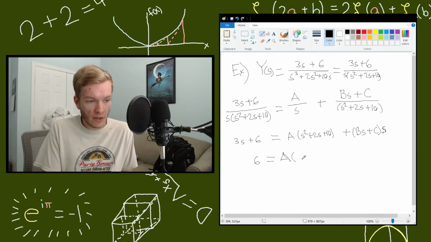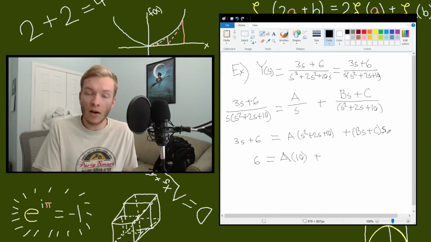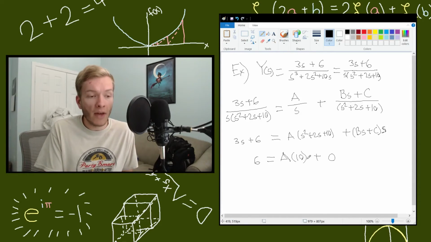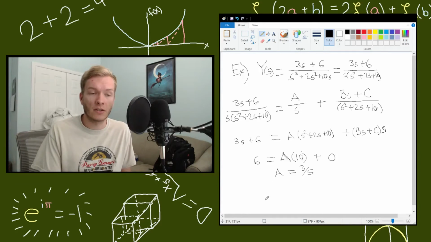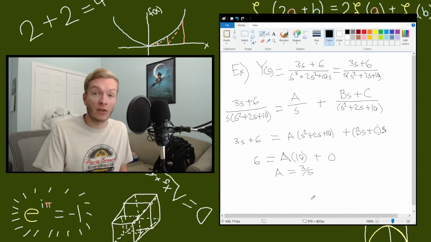So that means we have a times 10 plus b times 0 plus c, all times 0, so that math isn't important, is equal to 0. And from here, it's pretty easy to see that a is equal to 3/5, because we can divide this 10 over to the other side, and then 6 over 10 simplifies down to 3 over 5.